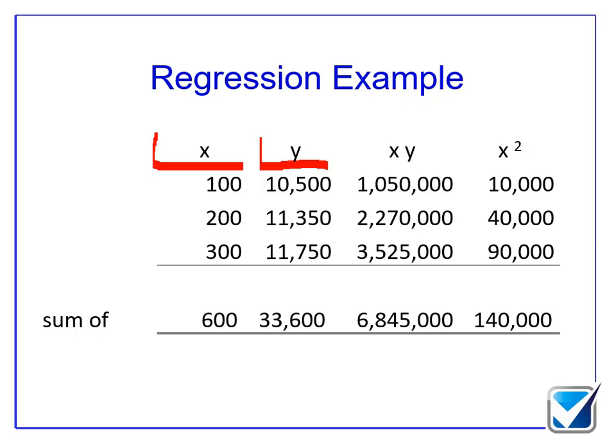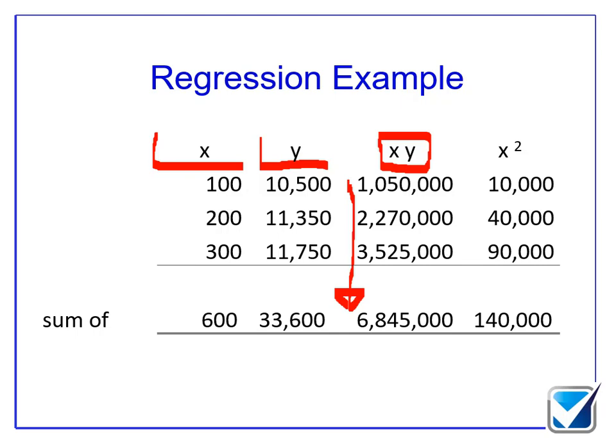So that's 600 and that's 33,600. You've seen those figures already. Now to find out what XY is, I've just taken the 100 multiplied by the 10,500, 200 multiplied by the 11,350, 300 multiplied by the 11,750. So they just get multiplied across. I then add them down. So that's 6,845,000. That now becomes my overall total.